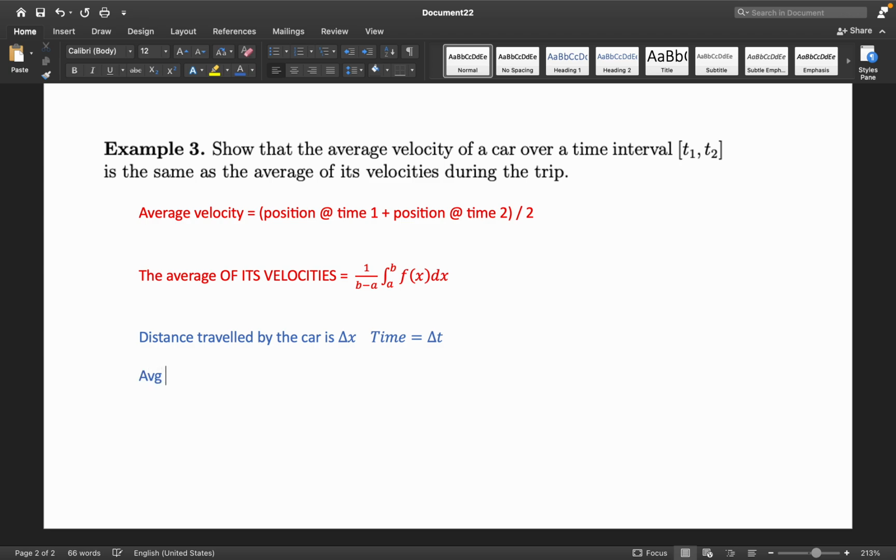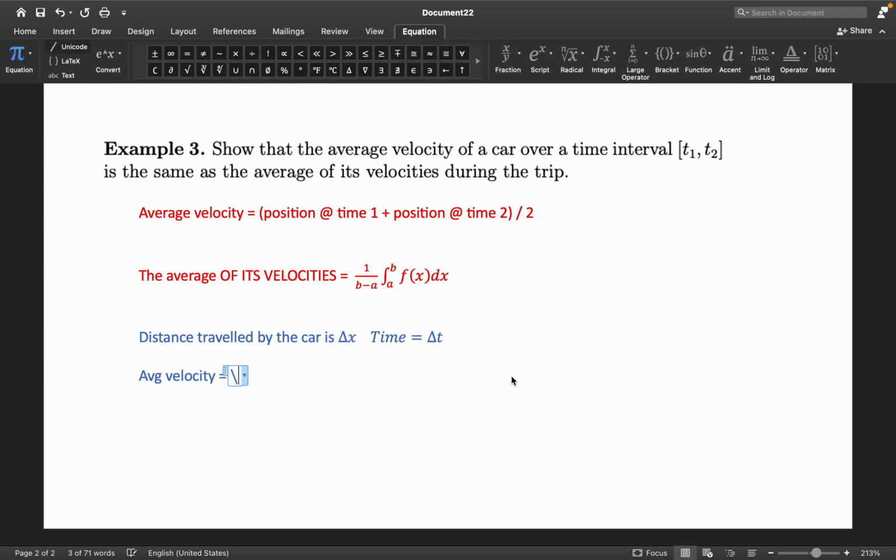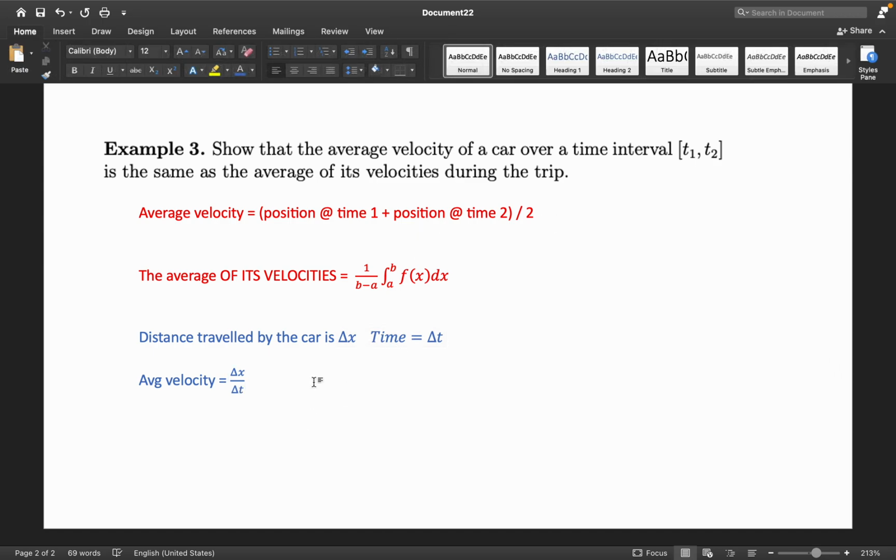So average velocity is going to be delta x over delta t, distance over time. We could also claim that delta t can be written as t2 minus t1.